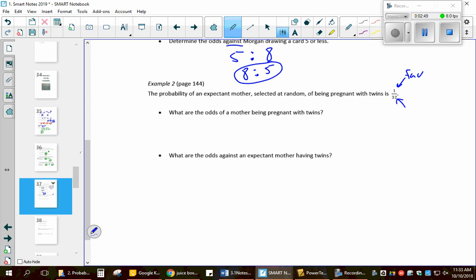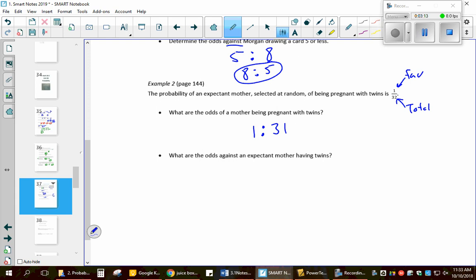What's that bottom number? That's our total. Okay, so the odds here are still going to be 1 to something, but what's my unfavorable going to be? 31. Yeah, see that? Because that has to add up to 32. So it's going to be 1 to 31 for odds.